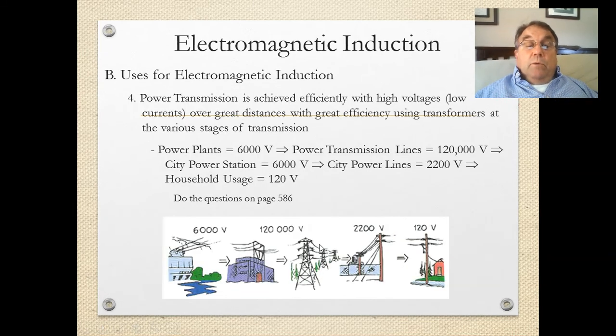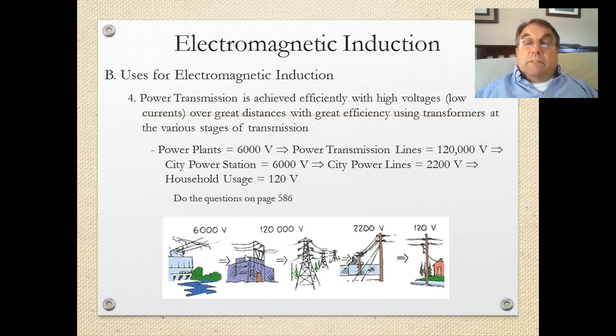All right, so the way power plants work, they produce 6,000 volts of electric pressure, voltage. We step it up to transmit it over great distances. With a step up in voltage, there's a step down in current, from P equals IV.